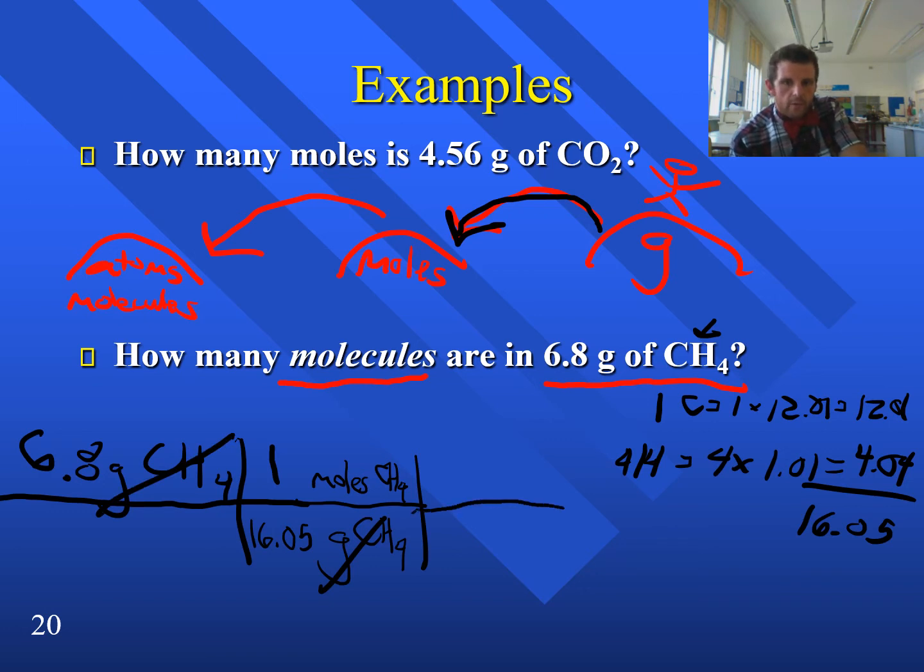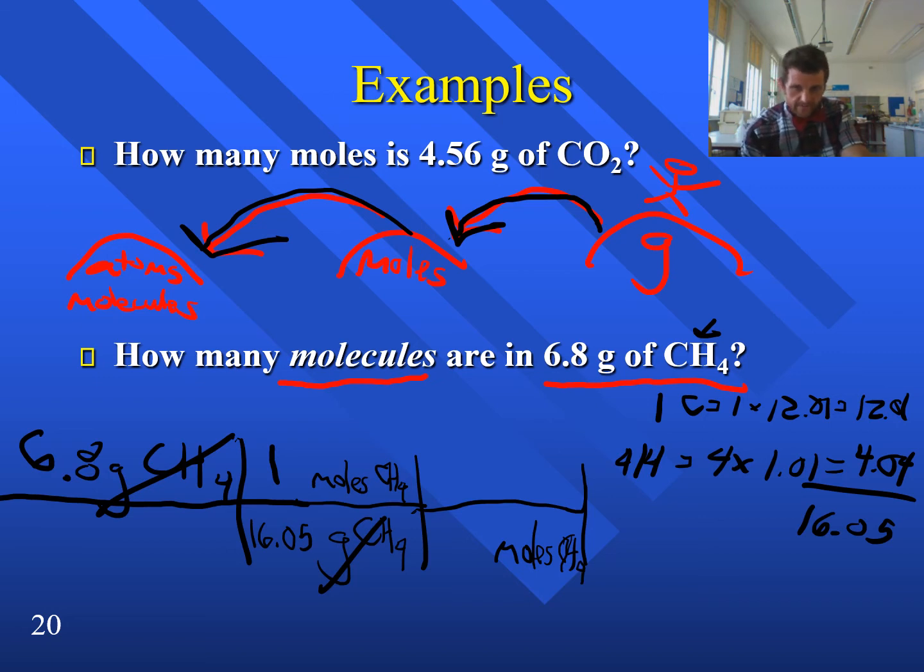I'm still not where I want to be. I'm on moles, so I need to make one more conversion into atoms or molecules. I'll take my old unit, moles CH4. So this guy, my moles of CH4, I just took it and dropped it to the lower right again.